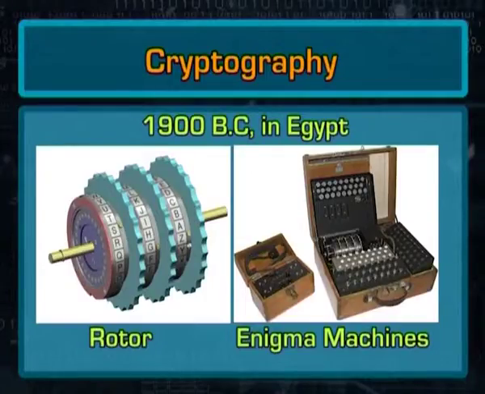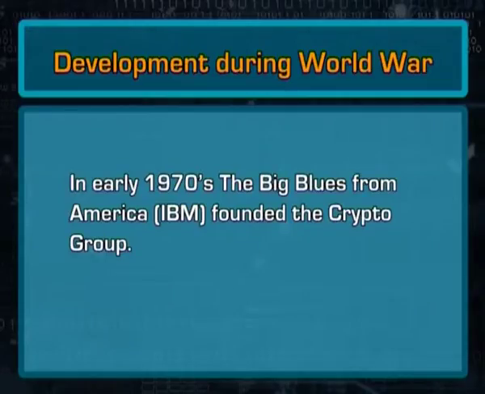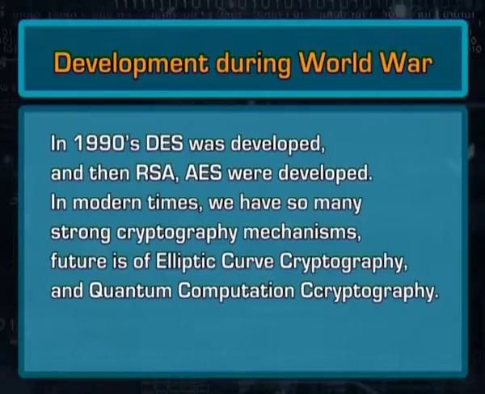Cryptography recorded remarkable growth with the development of rotor and Enigma machines around the world wars. In the early 1970s, the Big Blue from America, that is IBM, founded the crypto group. In the 1990s, DES, that is Data Encryption Standard, was developed, and then RSA and AES were developed.